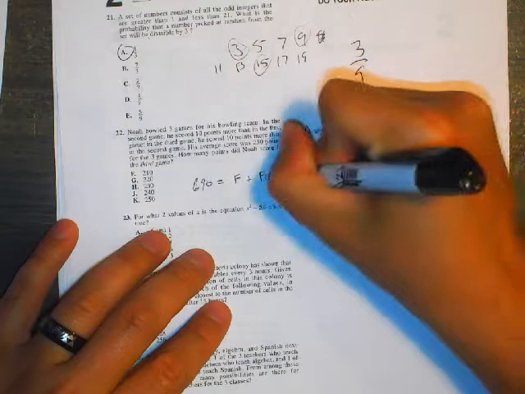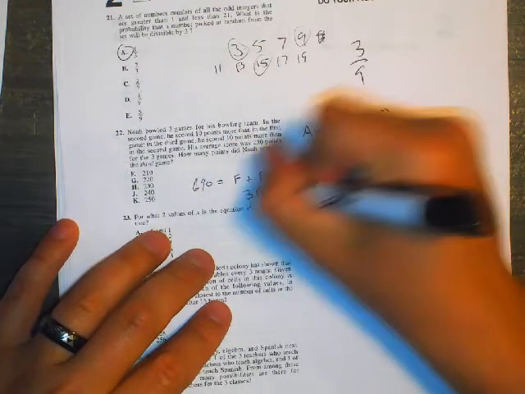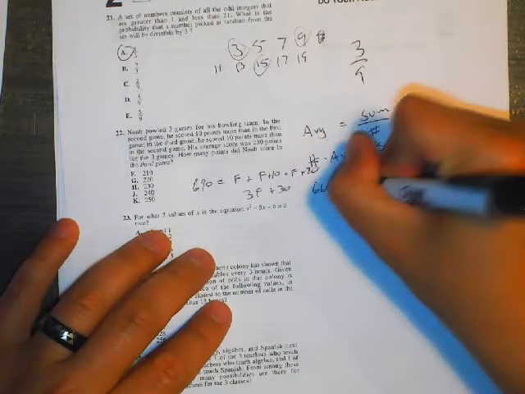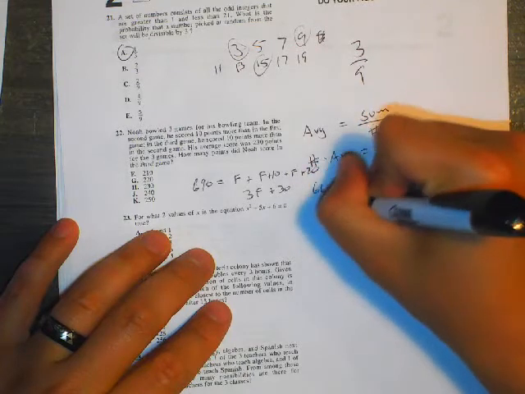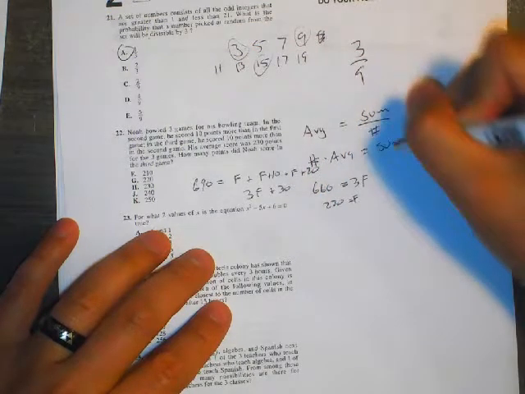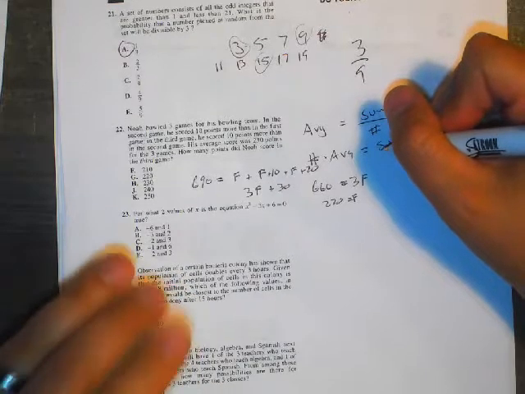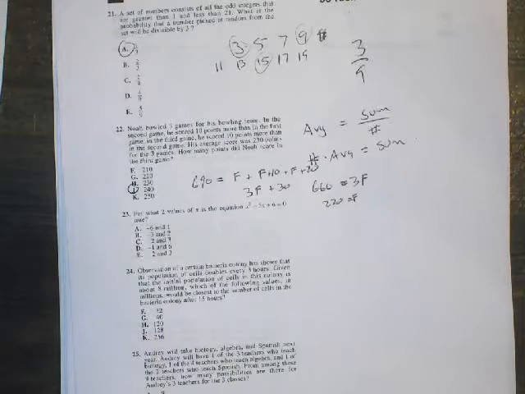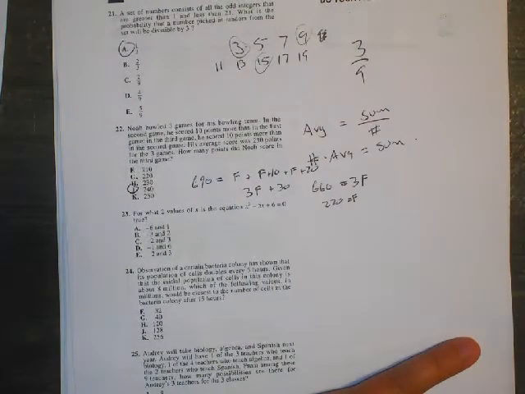Now if his 3rd game is his 2nd game plus 10, that's his 1st game plus 10 plus 10, or in other words, his 1st game plus 20, which means that we have 3F plus 30. So we subtract 30 from both sides, and we get 660 equals 3F. Divide by 3, and we get 220 for his 1st game. So 1st game's 220, 2nd game 230, 3rd game 240.